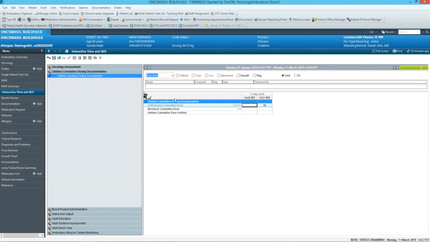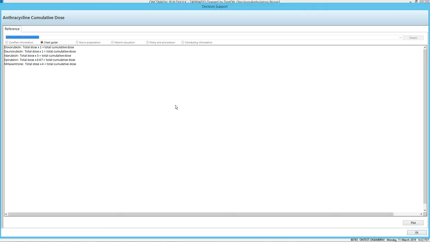Within this band, you can see that the anthracycline cumulative dose is in blue text, meaning that there is some reference text available. If you click on the reference text, it opens up the window giving you more information on the conversion of calculation for the specific drugs.